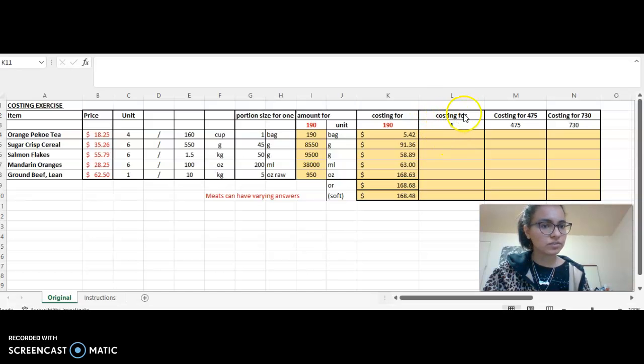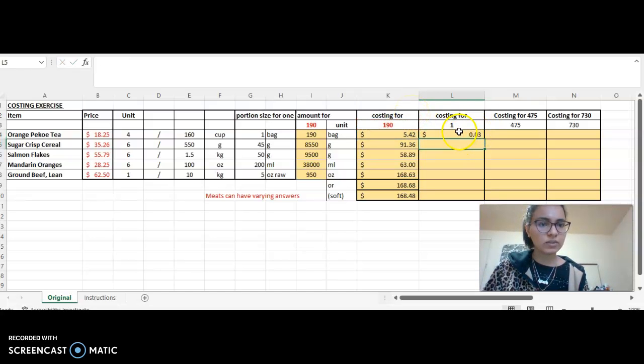So now we need to calculate the cost for one, and for doing this we need to divide the cost we calculated for 190 people by 190. We need to use absolute cell referencing here. That is, we just go back to 190 and then press F4 and enter.